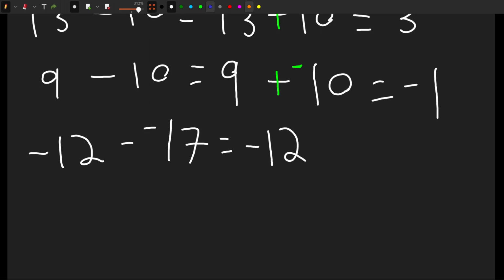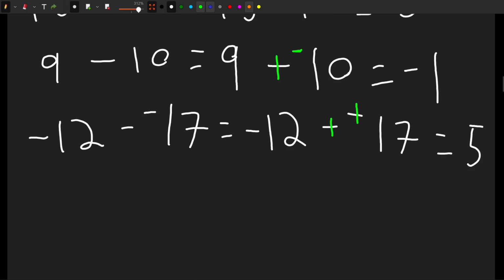We will have negative 12 minus negative 17. We're going to use our fancy-dancy trick. We're going to make this addition, make this a positive. And so now we have negative 12 plus positive 17, and this comes out to be 5. Again, what's the difference between 17 and 12? It's 5. Which one is bigger? The 17 is, so this is now positive 5. Okay, and that takes care of subtraction.